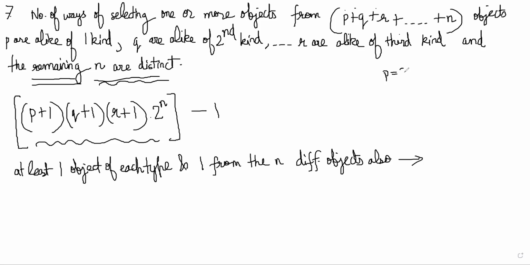Let's say p is 3. There are 3 a's. You have to select one or more a's out of this. How many ways can you do it?